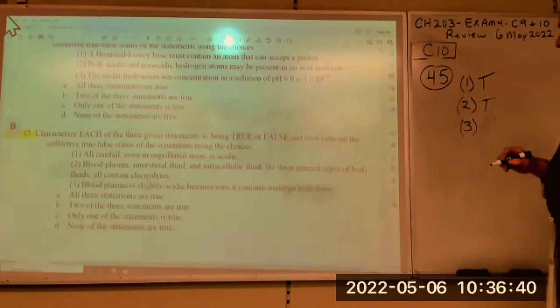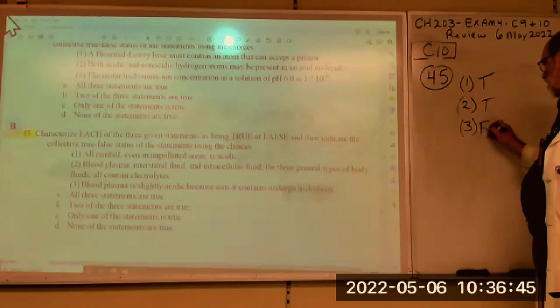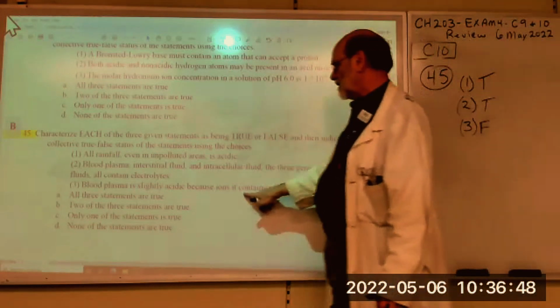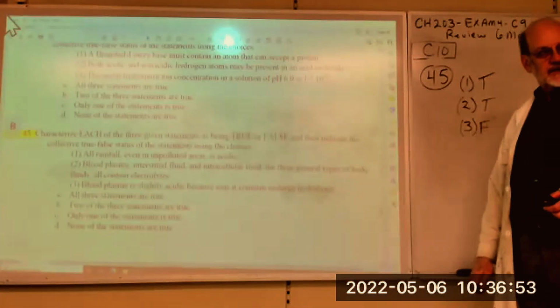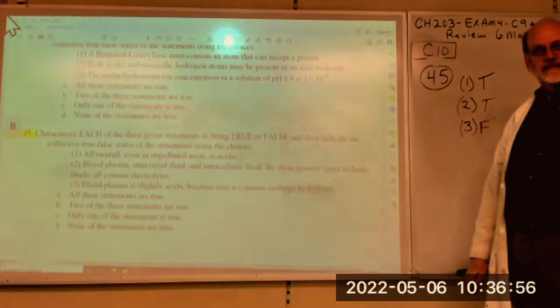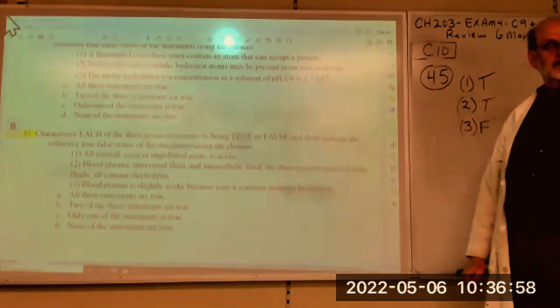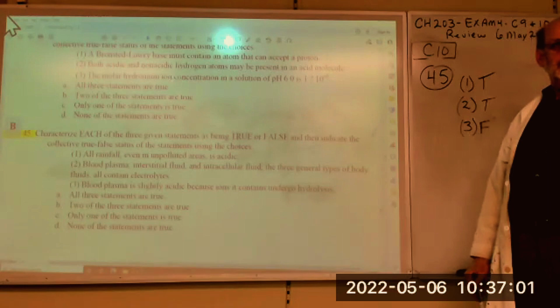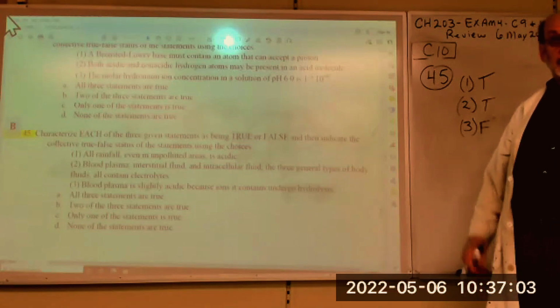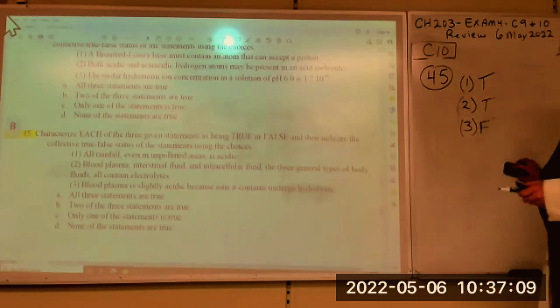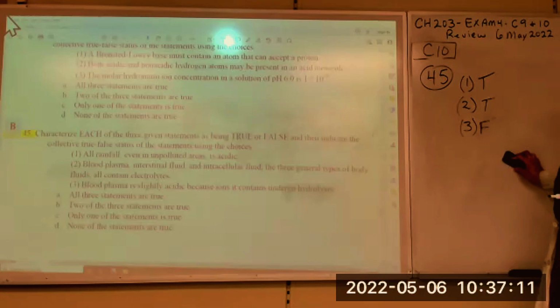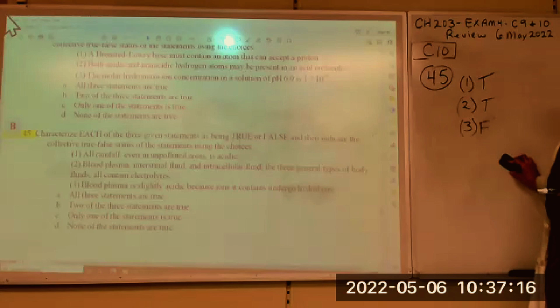Blood plasma is slightly acidic because its ions undergo hydrolysis. Nope. It doesn't matter this part. That's false. Blood plasma is very slightly basic. Remember what that is? I think it's buffered between 7.35 and 7.45. It's a very narrow range. So if you're diabetic and your system goes out of whack, it's going to go acidic, and it's going to make you very, very ill very quickly.